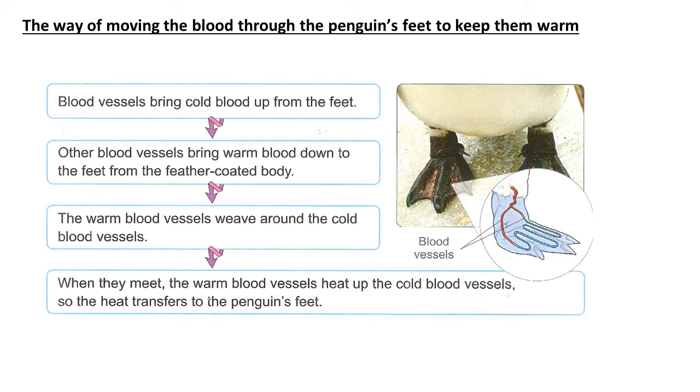Then the warm blood vessels weave. Weave means turn around or wrap around the cold blood vessels. When they meet, the warm blood vessels heat up the cold blood vessels, so the heat transfers to the penguin's feet. As we said, the blood moves in a circular path. Cold blood moves up, warm blood moves down, and so on.